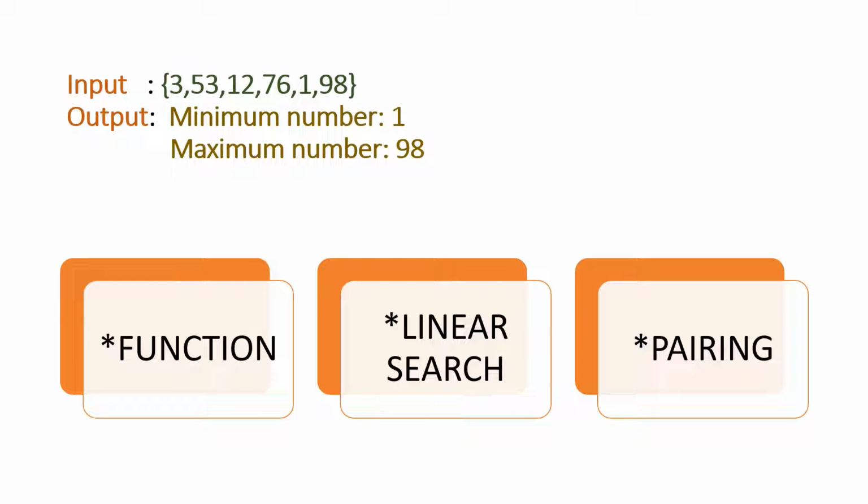And let's see what comes under function. There is no direct function for finding the minimum and maximum value, but we can use a method for it. Just consider what if we sort all the elements in an array, in ascending order or descending order, whatever may be. Let's consider ascending order, so small to big.